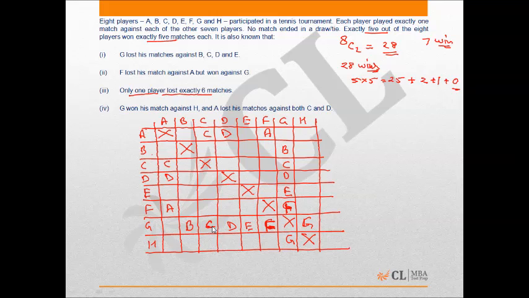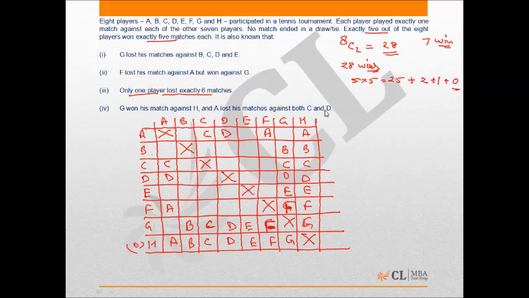So the player who got 0 wins must be H. That means in this row, when there is a game between A and H, A should win. Similarly here it will be B, it will be C, D, E, F, and same is with this column. It will be A, B, C, D, E, and F.